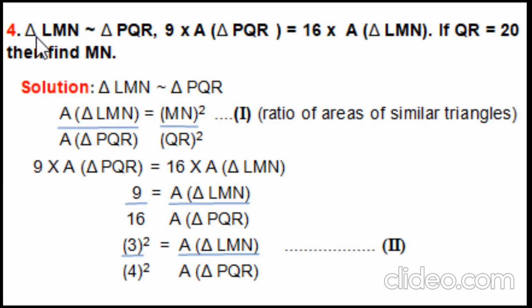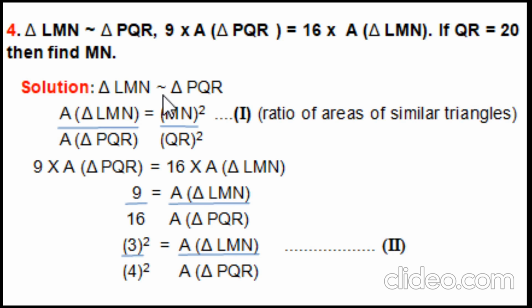In question number 4, triangle LMN is similar to triangle PQR, and 9 into area of triangle PQR is equal to 16 into area of triangle LMN. If QR is given as 20, then we have to find MN. So let's see the solution.